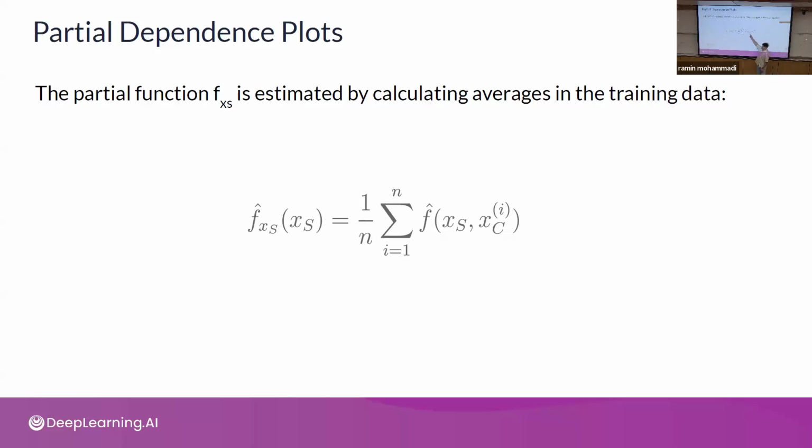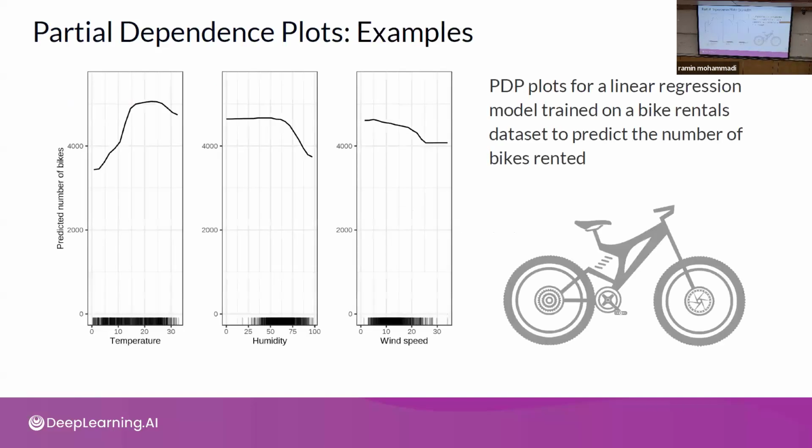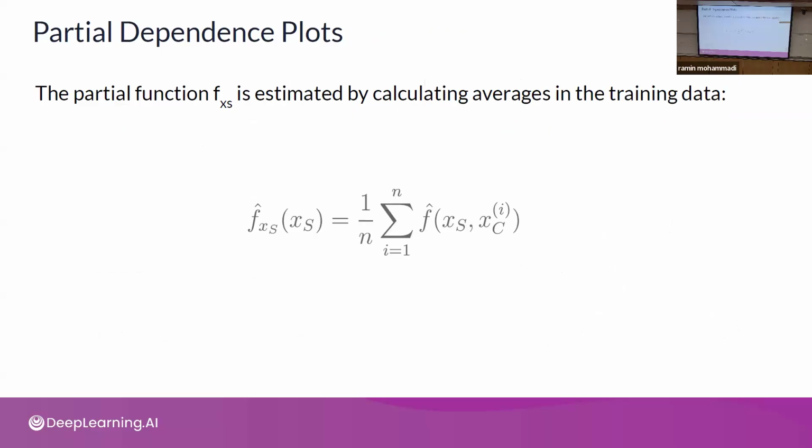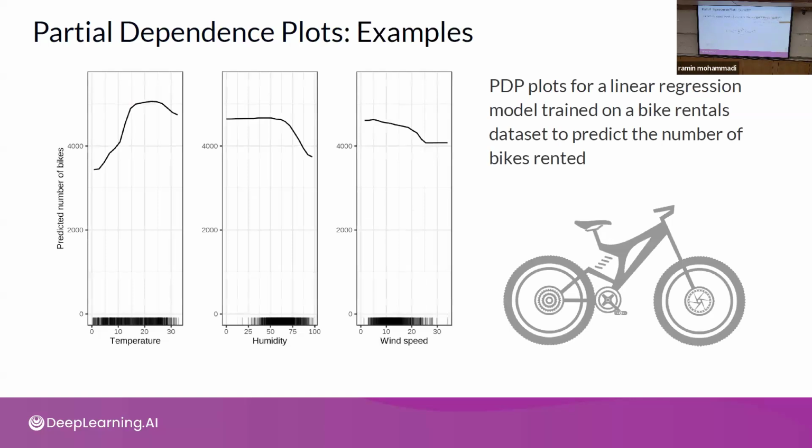You can do up to 2. So XS doesn't need to be only one column. You could look at the impact of 2 columns versus the others. But that also becomes the challenge of this technique: you cannot do more than 2 columns. So if you have lots of columns, you need to keep doing combinations of 2 versus every other one, and it becomes hard to read the result.